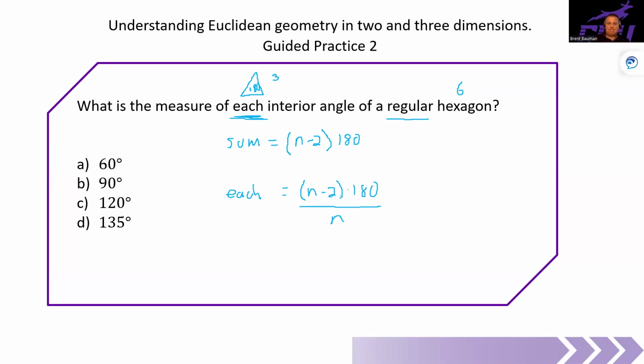We're just dividing the sum up to find the individual. So we go ahead and plug in 6, and we have 6 minus 2 times 180 over 6. You can subtract and reduce. That gives us 4 times 30, which equals 120.